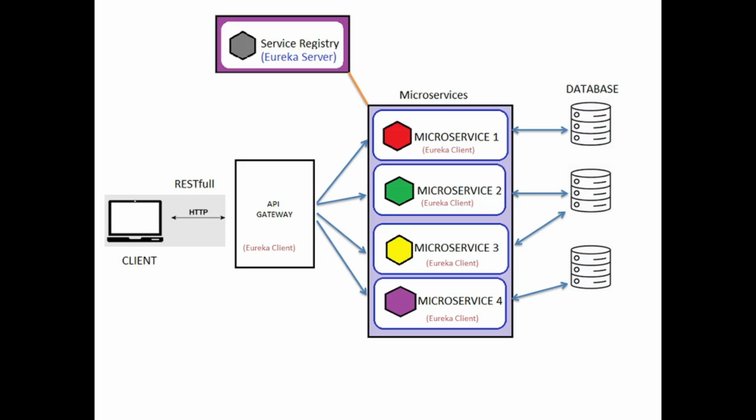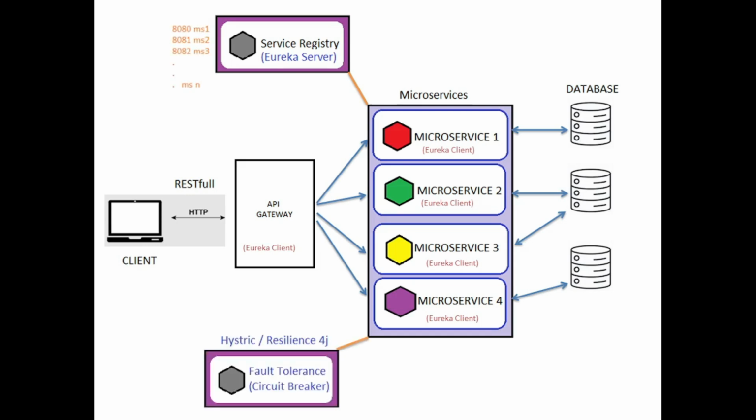What's next? Now we need to check whether all microservices are in a working state or down. For example, if microservice 1 depends on microservice 2's result and microservice 2 is down, we have to tell the client, or send a response saying it is taking more time than expected, please try again later. For this, we design fault tolerance, which we call circuit breakers.